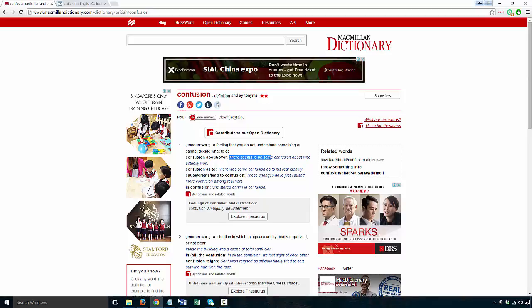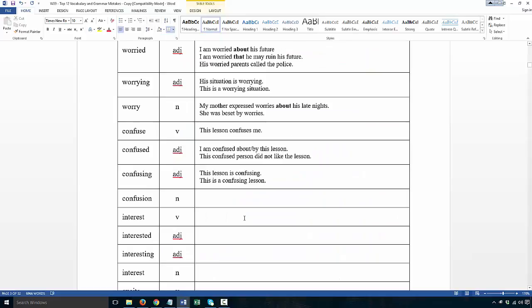So you could write there is confusion over, okay, over or about the accident, right? So you use the preposition collocation, and basically the be verb. And there's a special be verb, which is there is.